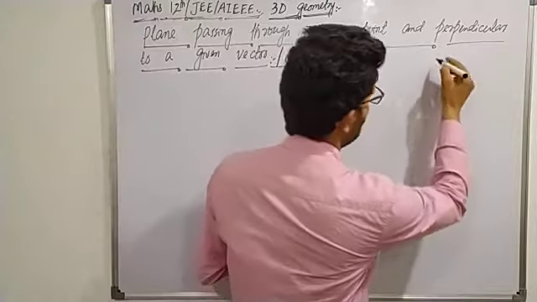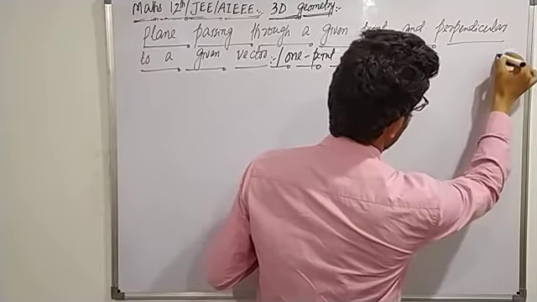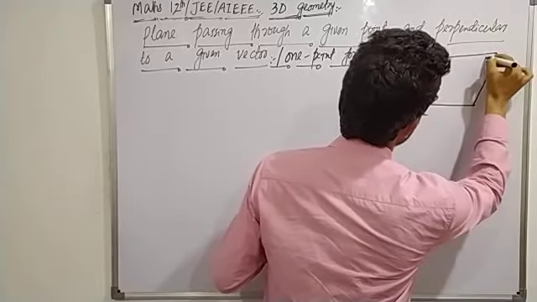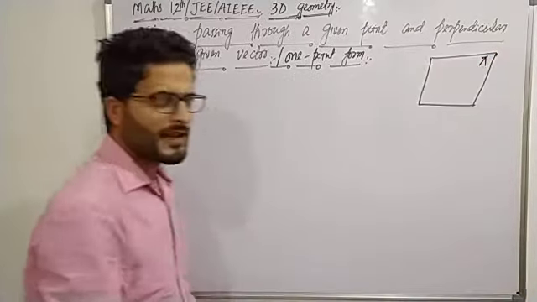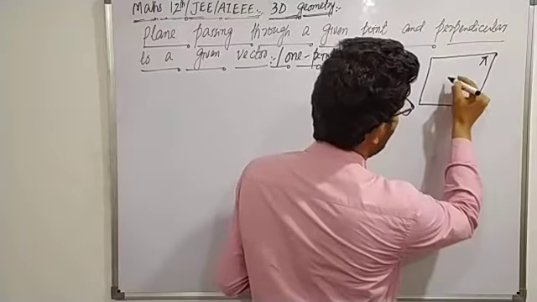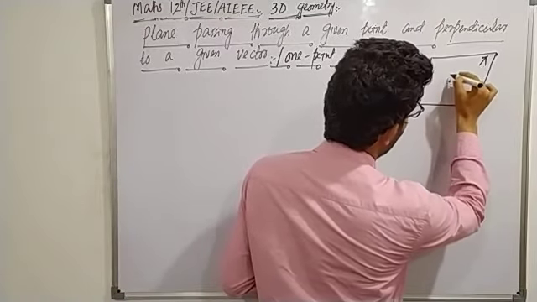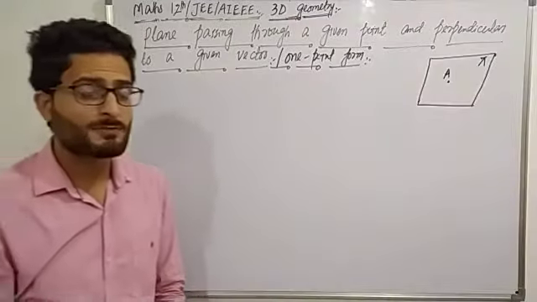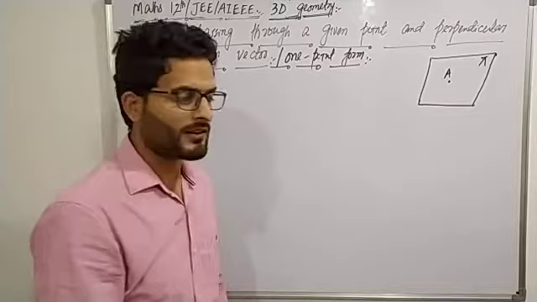So let us consider a plane. We are considering a plane like this, and let this plane be named pi. Suppose this plane passes through a point, and let that point be denoted by point A. This point A must have its position vector when we talk about the vector equation.